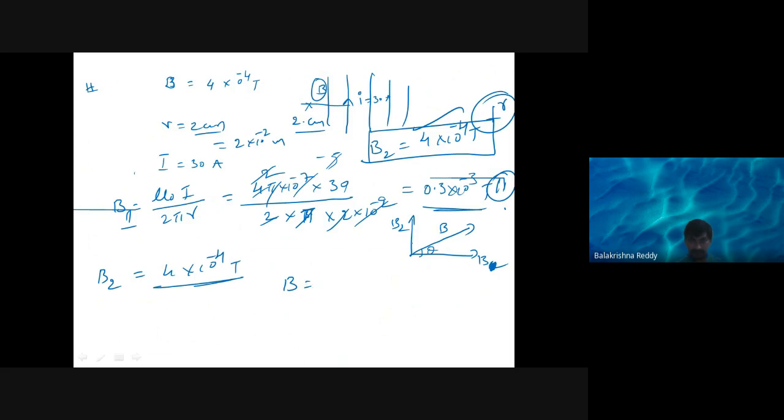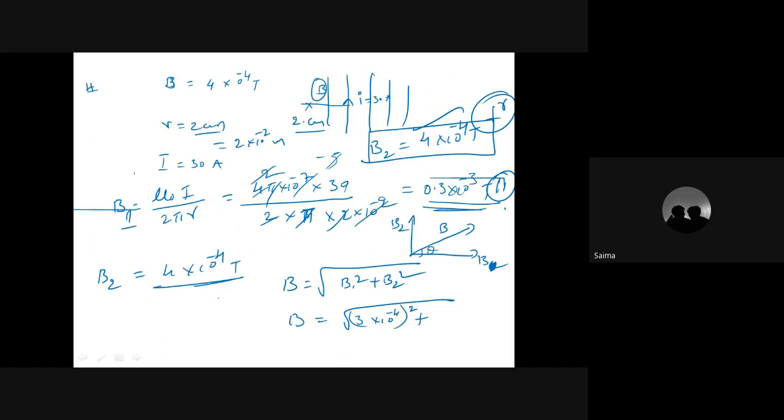Now when you want to find the resultant of this vector, what you have to do in the vector concept, B1 square plus B2 square we will do. Therefore, if you substitute these two, I am writing B1 as 3 into 10 to the power minus 4, whole square. B2 I am writing as 4 into 10 to the power minus 4, this is also whole square.